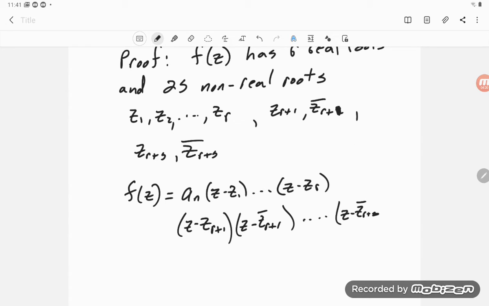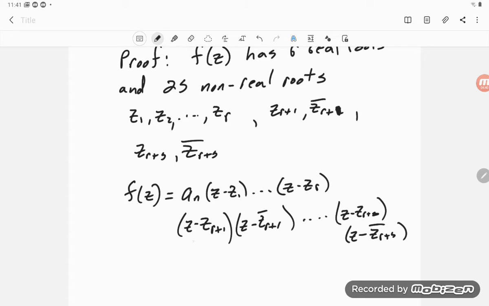Oops, not conjugate yet. So I'll put the conjugate there and erase the other one. Okay, so I can write it that way.